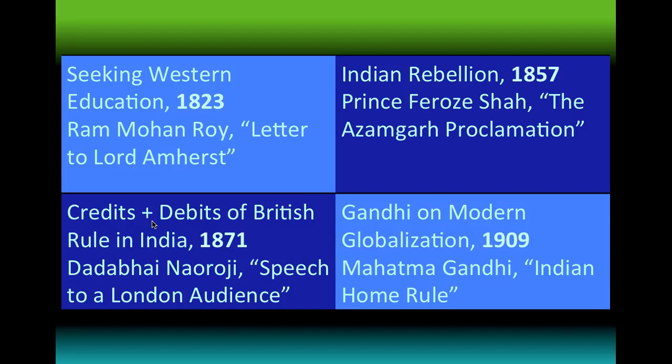So the first primary source document is by Ram Mohan Roy, written in 1823, and it's titled Letter to Lord Amherst. And it's about Indian people seeking Western education. The English have decided to build schools in India, which is wonderful, except the English want to build Sanskrit schools to teach ancient Indian Hindu culture.